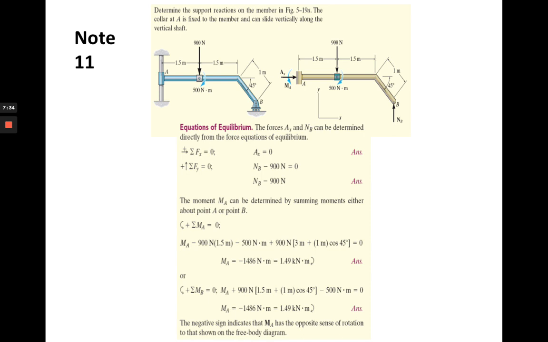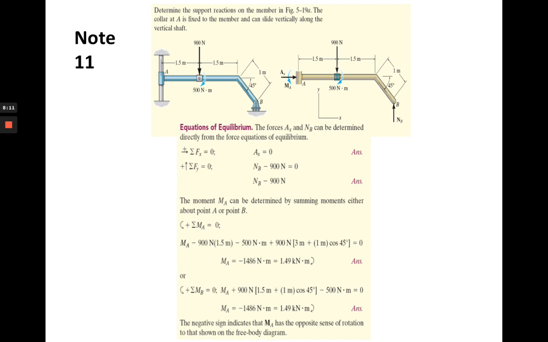This is only correct because if you're taking moment at point A, you no need to consider components at point A, and that only applies for force. The reason is because if you take moment at point A, the distance between the force at point A and point A is 0. Understand or not? If I take moment of point A, all the force must now refer to point A, their distance. So the distance is 0.